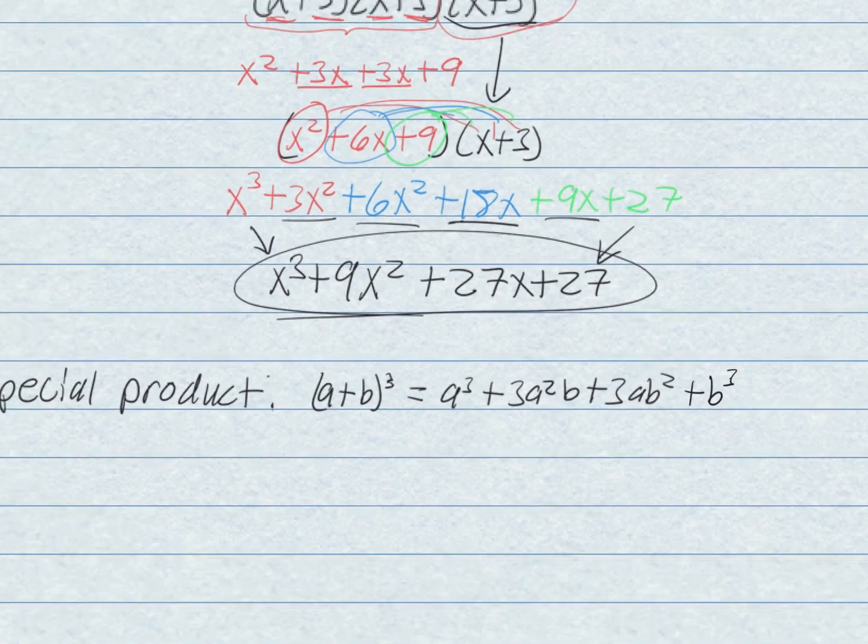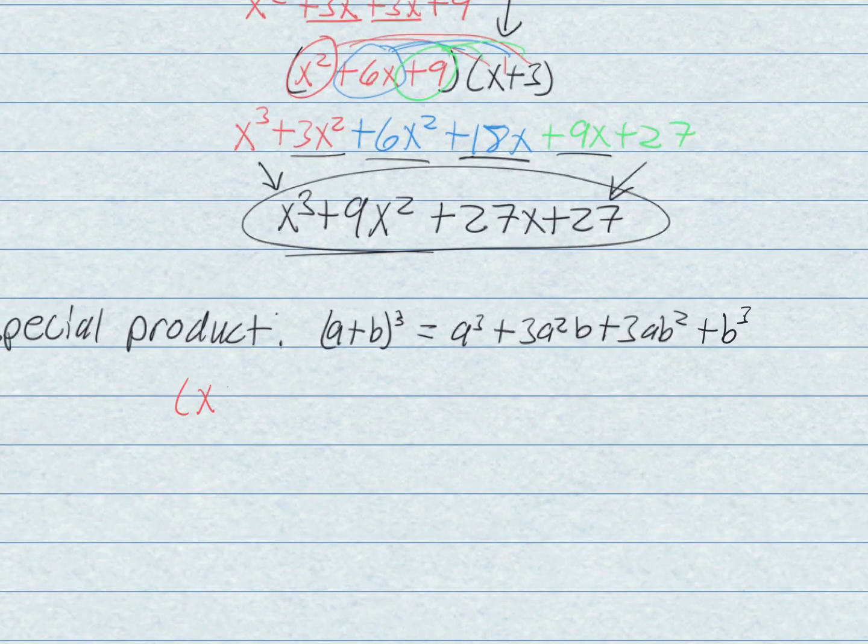In this expression, I have (x plus 3) cubed. We can say a is our x, and b is our 3. Because this is a special product, we know how our answer is supposed to look. I'm just going to plug in our a and b into this formula here.